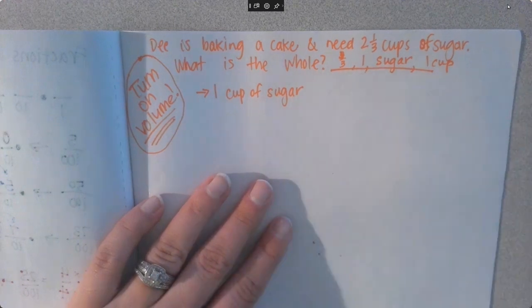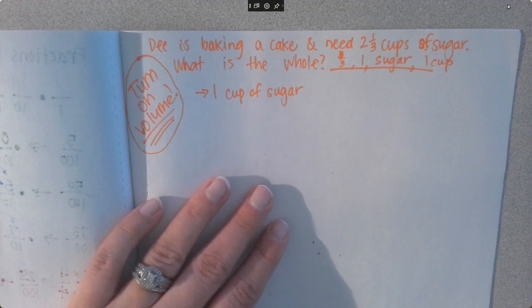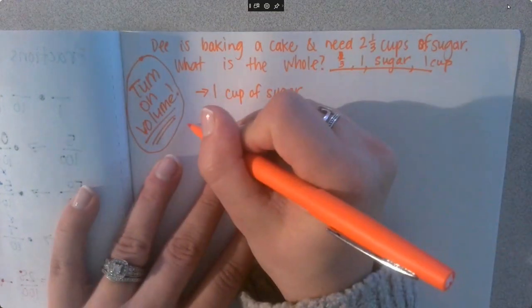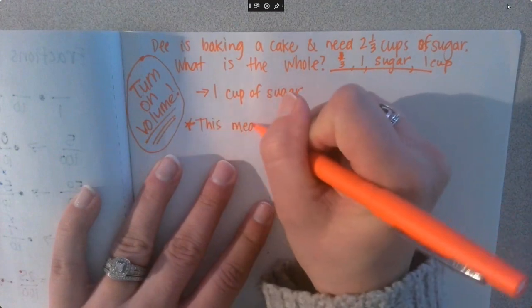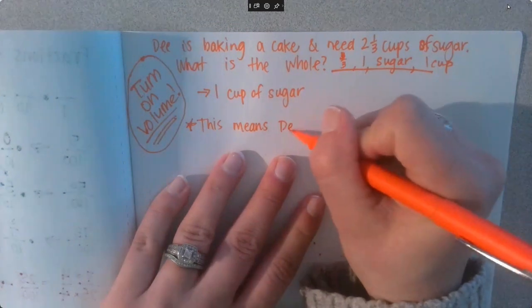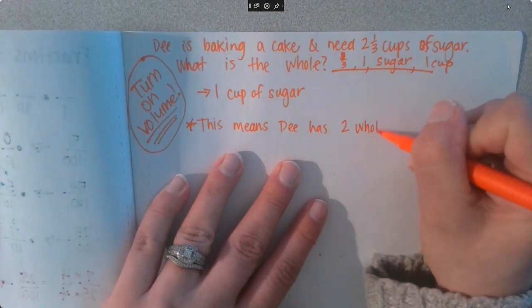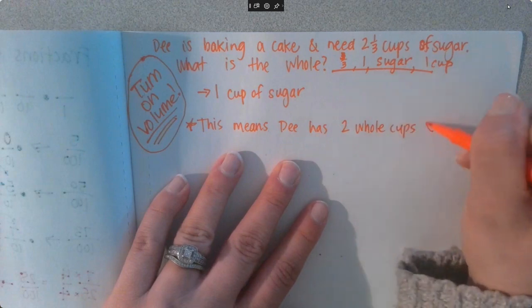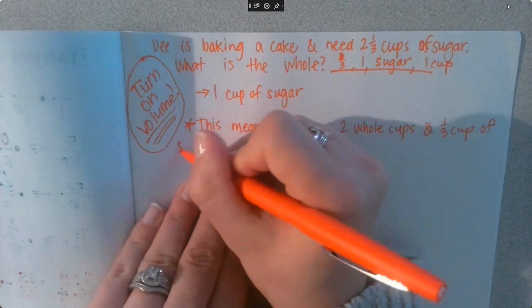How does that apply to then our real world problem of D baking a cake and needing 2 1/3 cup? Yeah, this would mean D has 2 whole cups and 1/3 cup of sugar.